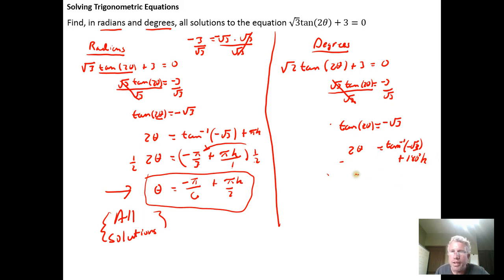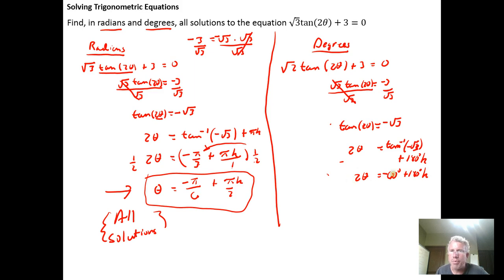And then we would look at the tangent inverse of negative root 3, and we would ask whether that corresponds to a special angle. We already saw that it did. It corresponded to negative pi over 3 or negative 60 degrees, so we would make that replacement and go plus the 180 degrees times k.